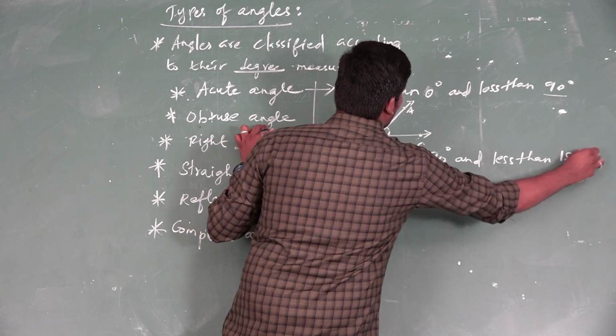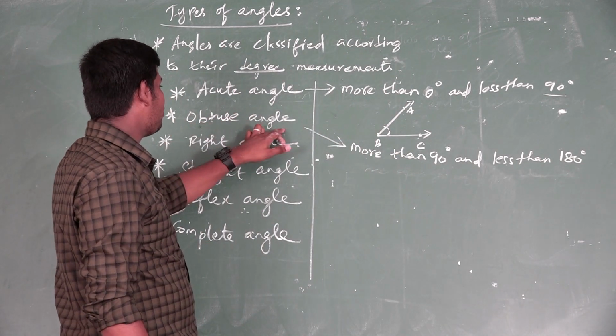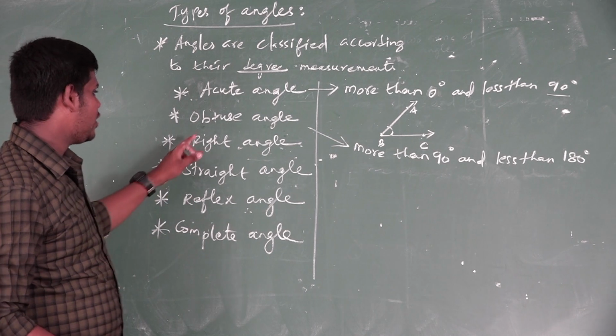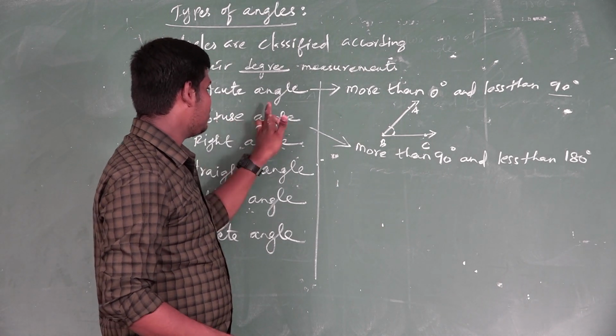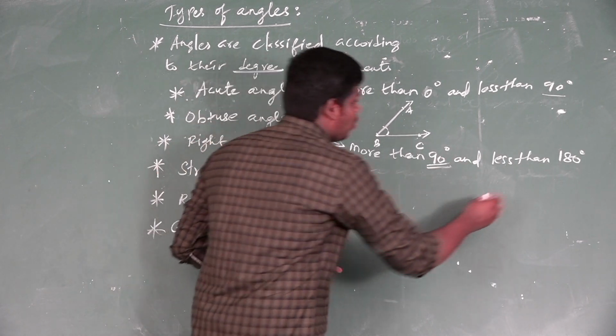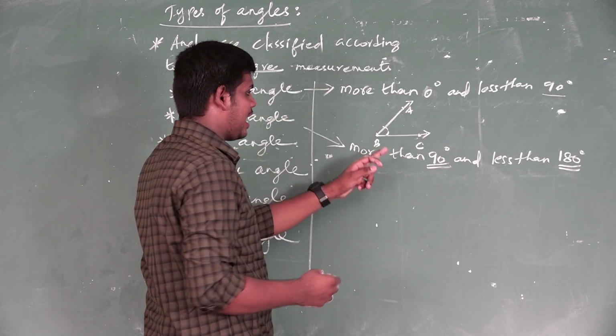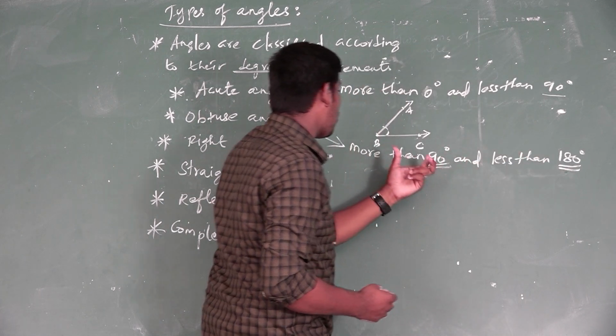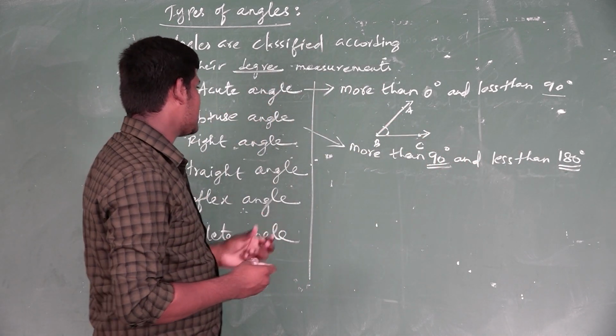Again I tell you, listen, an angle which measures more than 90 degree and less than 180, in between the place 90 and 180, all those angles are called obtuse angle.